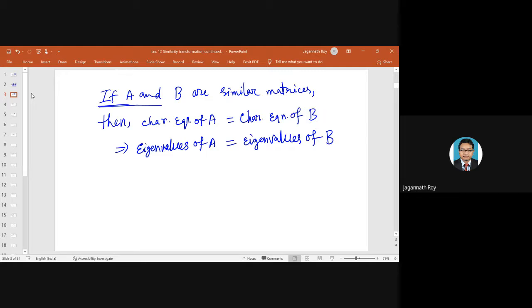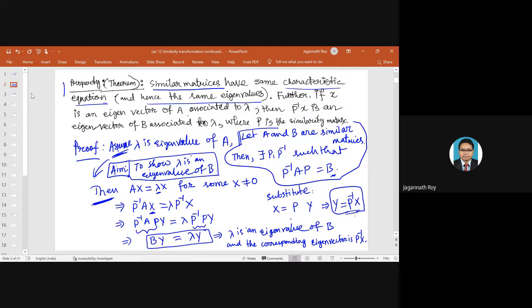So this is the summary of the first line of this theorem. Now the second line says, if X is an eigenvector of A, then P inverse X will be an eigenvector of the other similar matrix. Here we have seen that P inverse X is the eigenvector of the similar matrix, while the eigenvector of A was X.